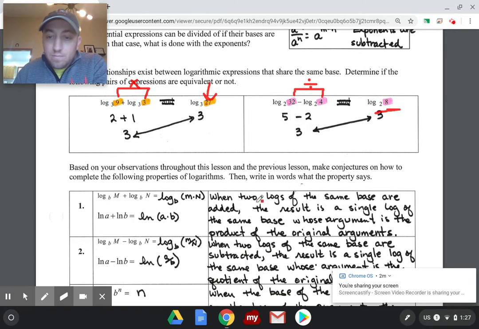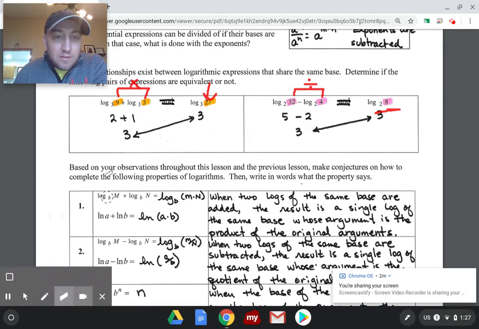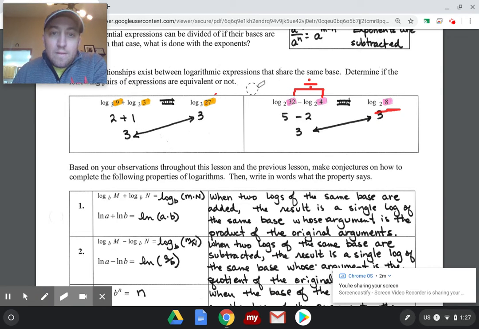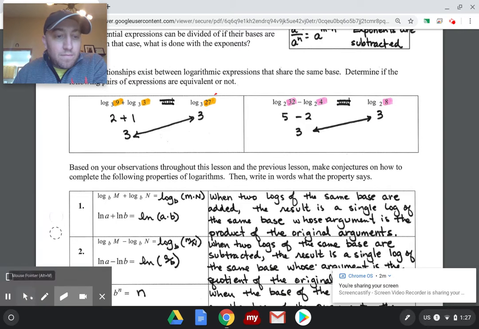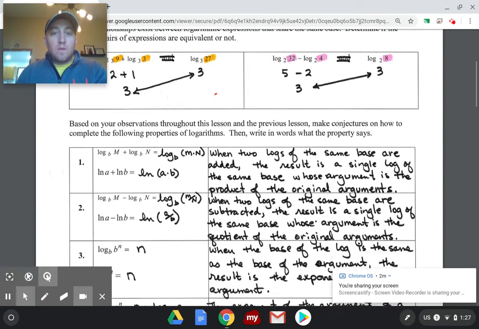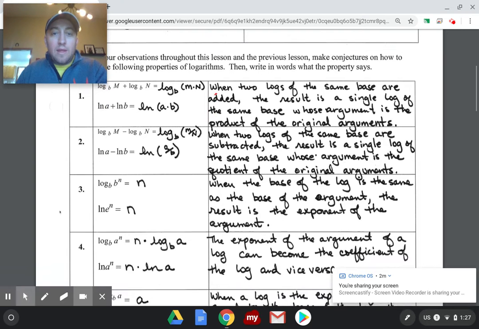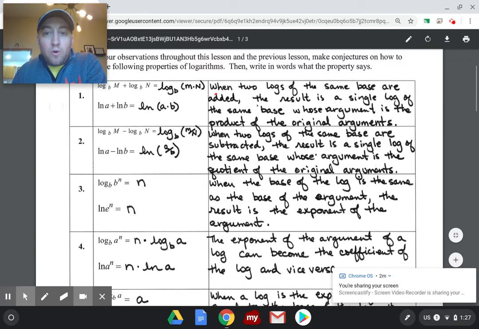So jumping down here into the properties of logarithms that we're going to be working with. The first one, and I like how they rewrite this in words, because I think sometimes we have symbols, but when we write it out in words, it makes a little bit more sense.